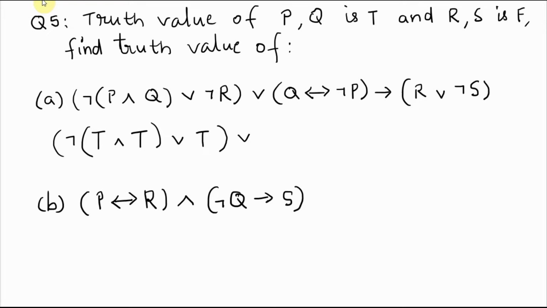And then or, and Q here is true, so it's true, and it's biconditional with not of P. So not of P is actually false, and then parentheses, and this implies R, which is false, and then or not of S is true, so this gives us true.